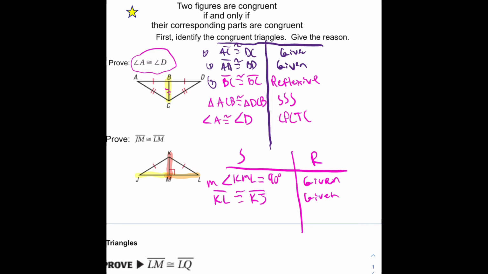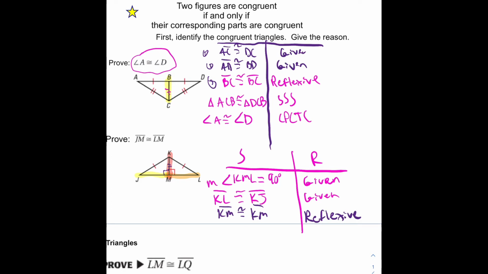So I'm going to say that segment KM is congruent to segment KM. That is the reflexive property. And this is going to be the one example where angle side does work, okay, because of the hypotenuse leg theorem. So I guess we should state that this angle is also 90 degrees.